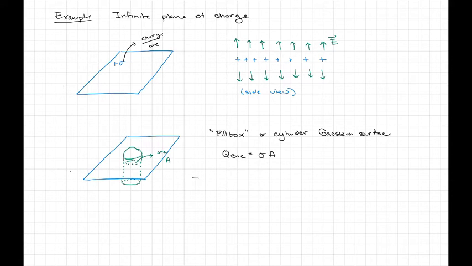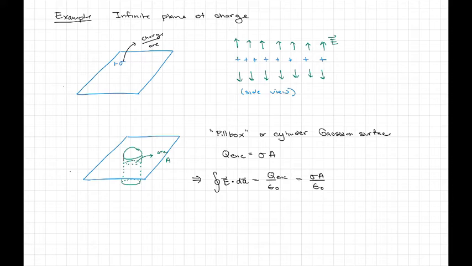Therefore, Gauss's law tells us that if we take the surface integral of the electric field dotted with dA around this closed surface, this pillbox, it should be equal to our enclosed charge divided by epsilon naught, which in this case would be sigma times A divided by epsilon naught.